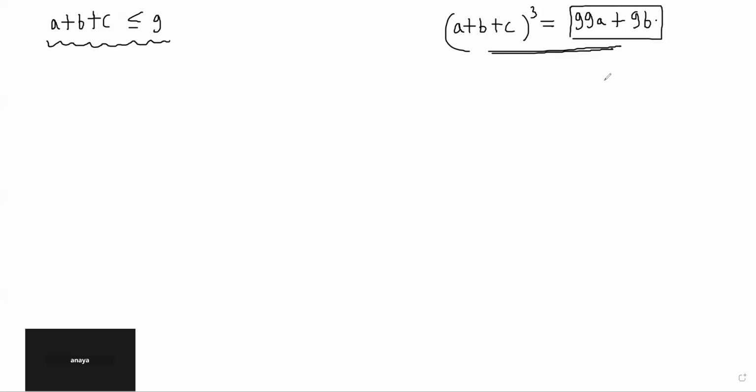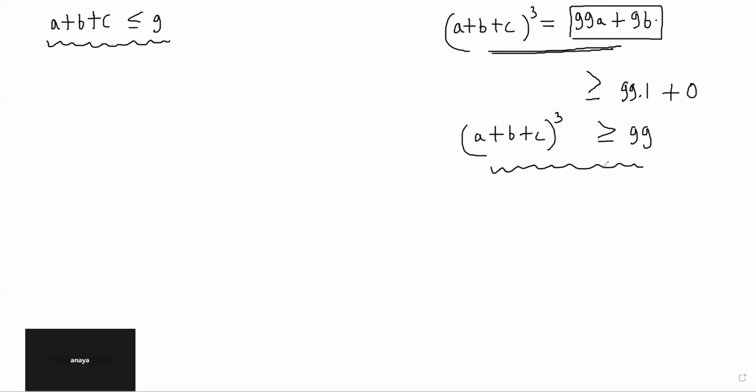When a is 1 and b is 0. b can be 0, a can be 1, a cannot be 0. So it is greater than or equal to 99 into 1 plus 0. So now we are getting a lower limit for a plus b plus c. Clearly, a plus b plus c has to be greater than or equal to 5.